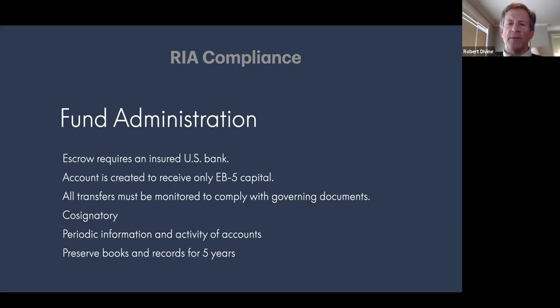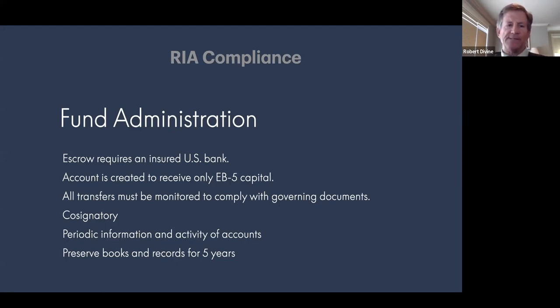Yeah, so the main requirement is that money that comes into an NCE that is invested by the EB5 investor into the new commercial enterprise must be placed into what the law calls a separate account. The capital needs to be placed in a separate account and cannot be mixed up with other money, so that there can be complete transparency and accounting that shows the flow in, the flow out of the EB5 capital, and it can't be mixed up with anything else.